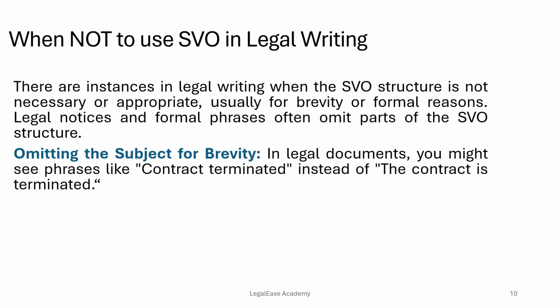For example, in terms of brevity, being brief and precise, in legal documents you might see phrases like contract terminated instead of the contract is terminated. The meaning is not lost by making the sentence more concise, so contract terminated is fine.